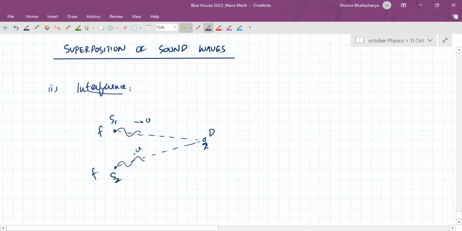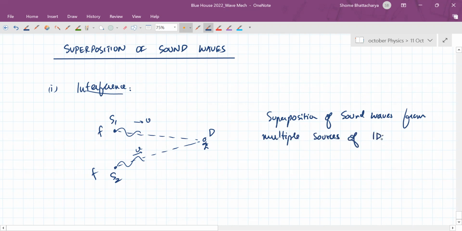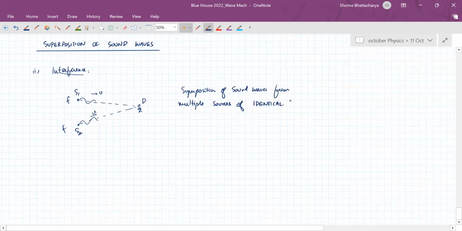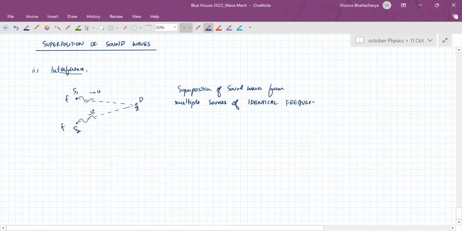So the superposition of sound waves from multiple sources of identical frequency produces interference.